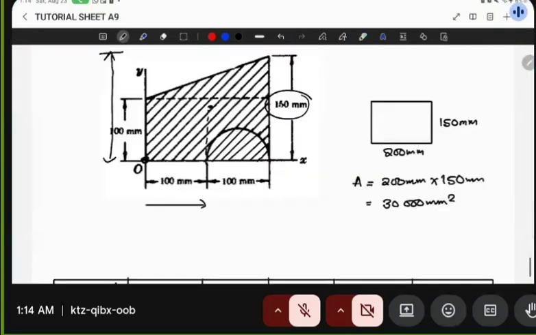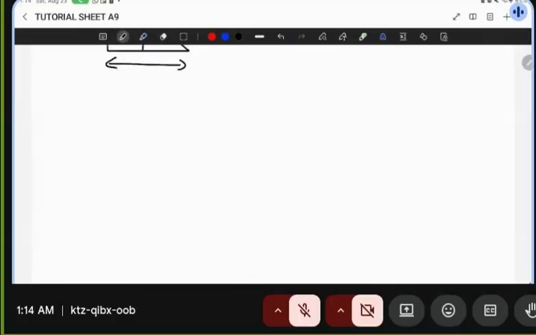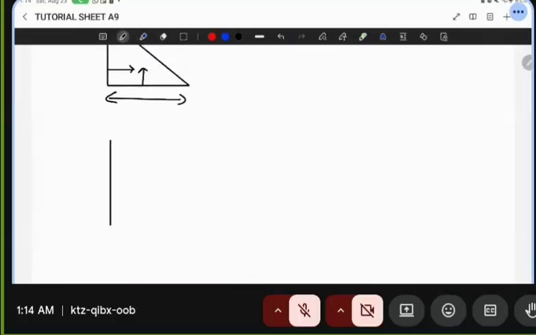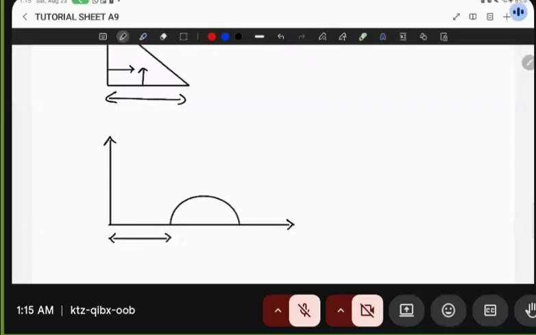For this one, it's semicircular, this piece here now. Again, I'll draw the coordinate system with only that section in position. So the section is, let's say, somewhere here. We know from here to here it's 100, and the diameter of this semicircle is also 100.